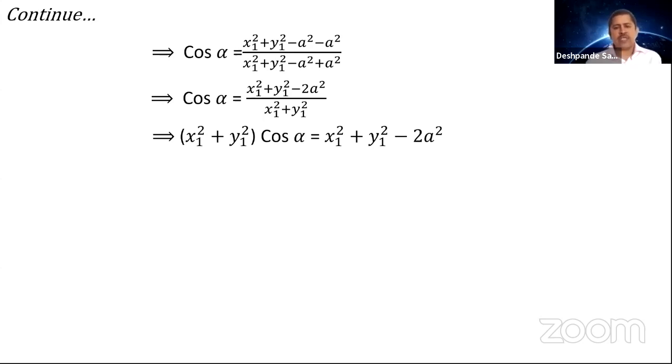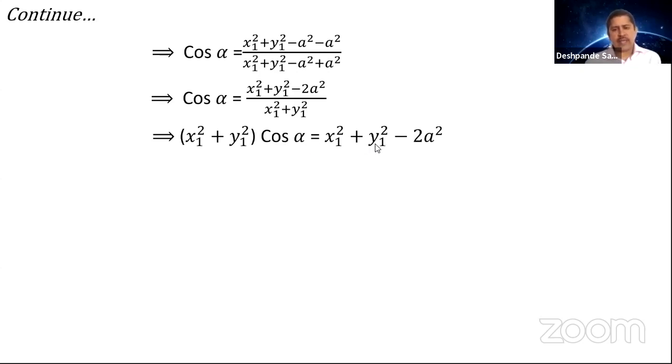So what you can do is go for a cross multiplication here. This x1 square plus y1 square can be brought onto the left-hand side. So x1 square plus y1 square into cos alpha is equal to x1 square plus y1 square minus 2a square. Now one more thing you observe here, you have x1 square plus y1 square for cos alpha, and you have x1 square plus y1 square here also.